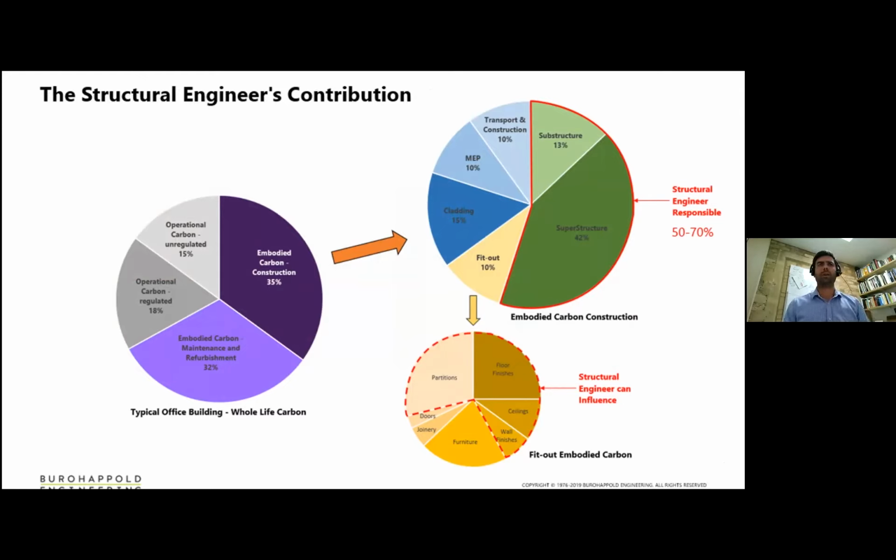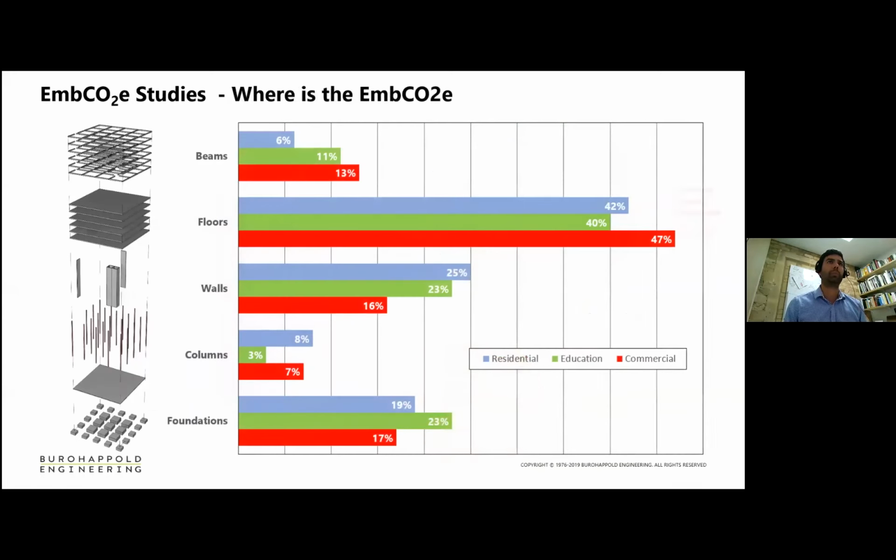But it's not just the engineer who is responsible, and you'll see this in the study that I'm about to present. It's not just the engineer who is able to influence the amount of carbon that goes into the superstructure and substructure. The embodied carbon that manifests itself within the fit out of a building can also be influenced by the structural engineer and the design team as a whole.